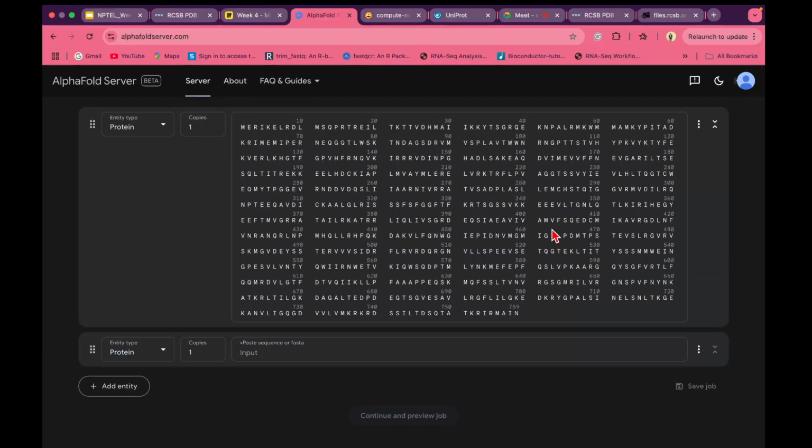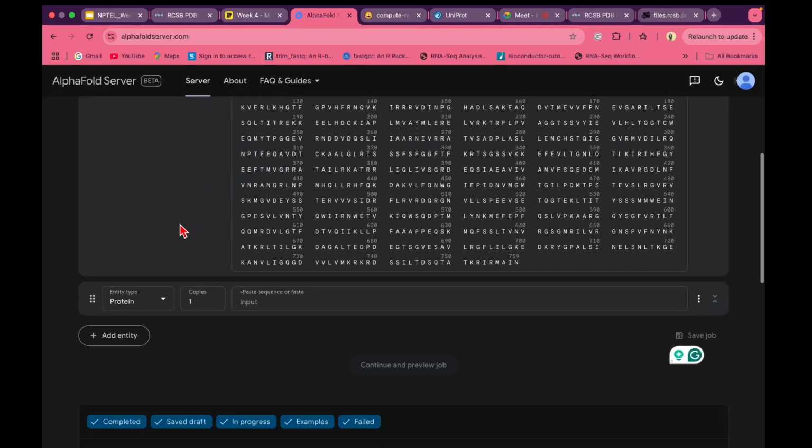It will take up to 4000 tokens. If you have 1000 here, then in the next input sequence you are only allowed to give 3000 tokens, that is 3000 residues. So overall in the structure prediction step, irrespective of the number of entities, there is only a 4000 token limit.